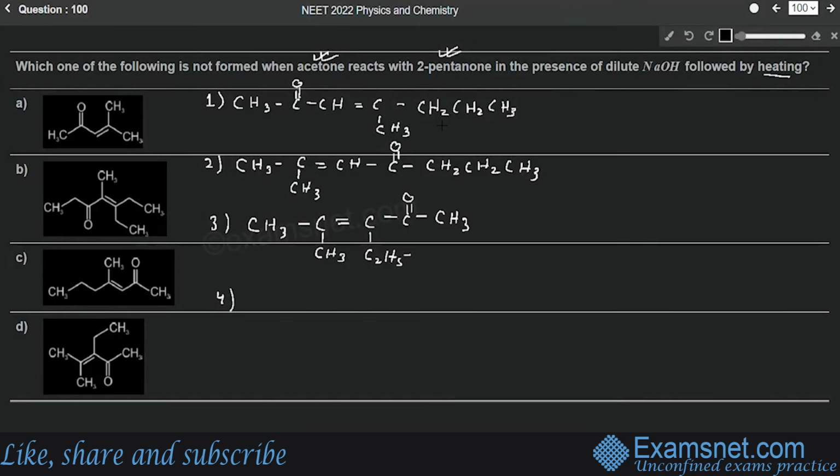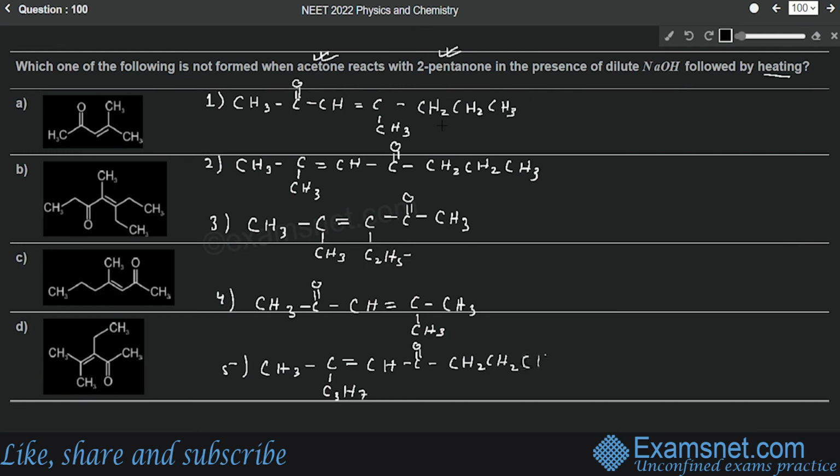Next possibility is CH3, then carbonyl group, then CH double bond C having a methyl group, and then CH3. Then the fifth possibility is CH3, then carbon having a propyl group, that means C3H7, then double bond CH, then carbonyl group, then again 3 carbons, so CH2, CH2, CH3.